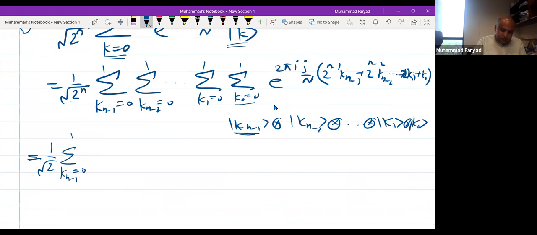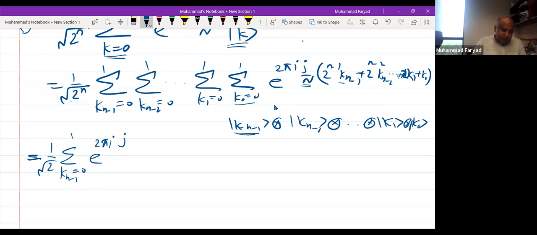And all of these terms are adding in the power, so I can write it into a product form, where each product term goes with each of these binary terms Kn minus 1, Kn minus 2, etc. So the term that goes with this one would be exponential 2 pi iota J, and there's this capital N as well.